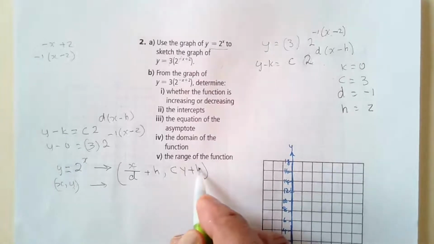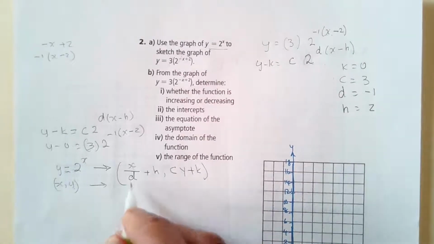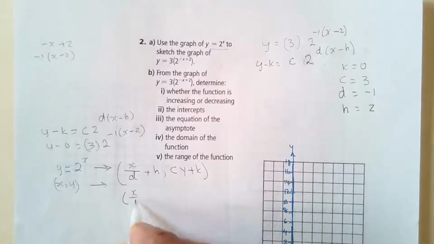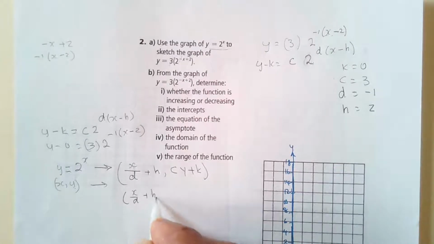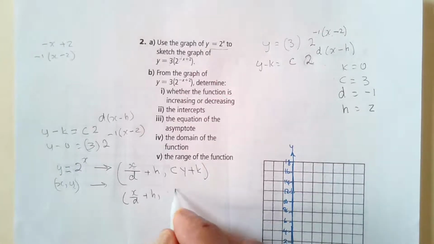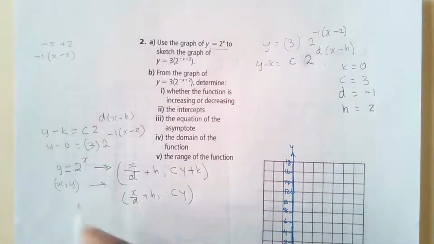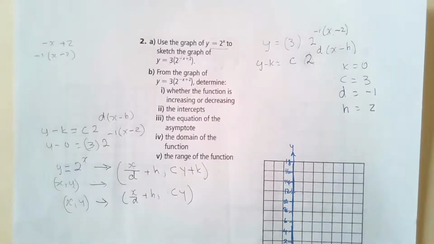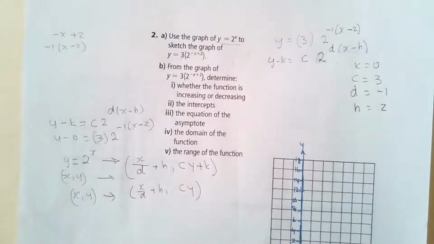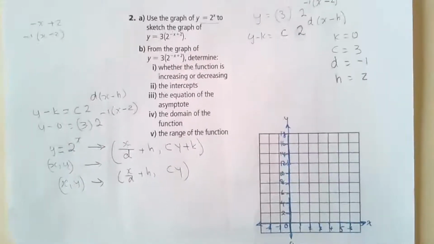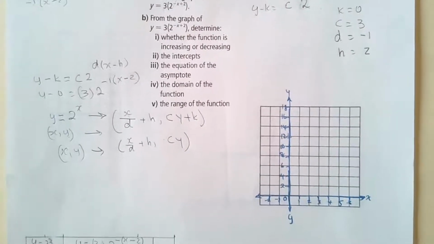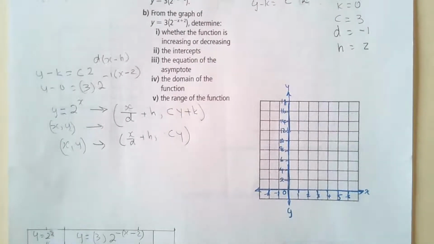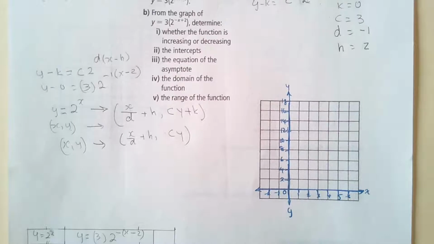Now k is 0, so I can simplify this as x over d plus h and cy. And this is how you'll find your x and y coordinates for the transformation of your function, and we'll sketch it.